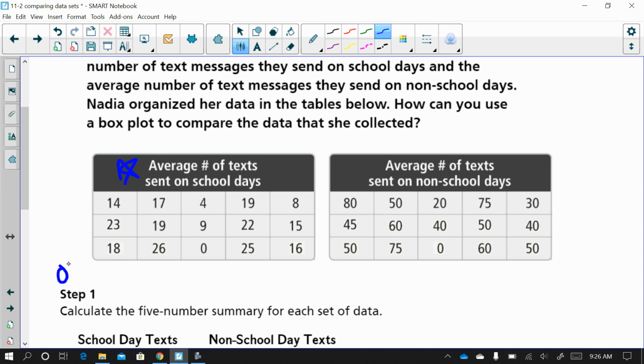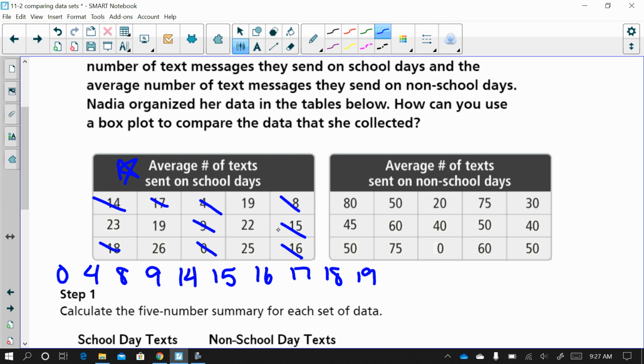So my smallest is 0, and I see 4, 8, 9, 14, 15, 16, 17, 18, 19, 22, 23, 25, and 26. Oops, I missed a 19, so I'll squeeze another 19 in there. Okay, and I always like to count and make sure I actually have all the data. 1, 2, 3, 4, 5, 6, 7, 8, 9, 10, 11, 12, 13, 14, 15.